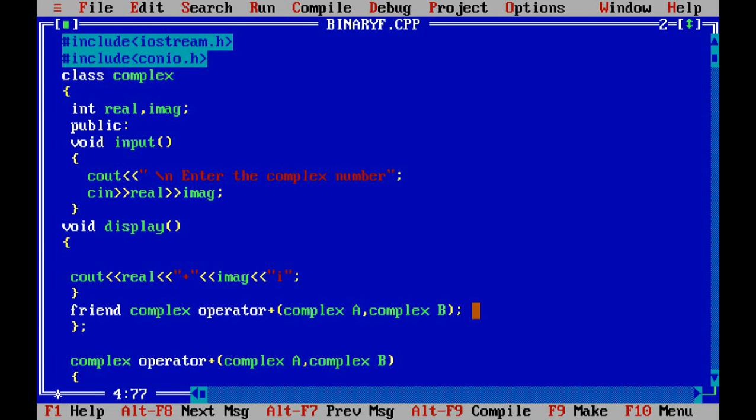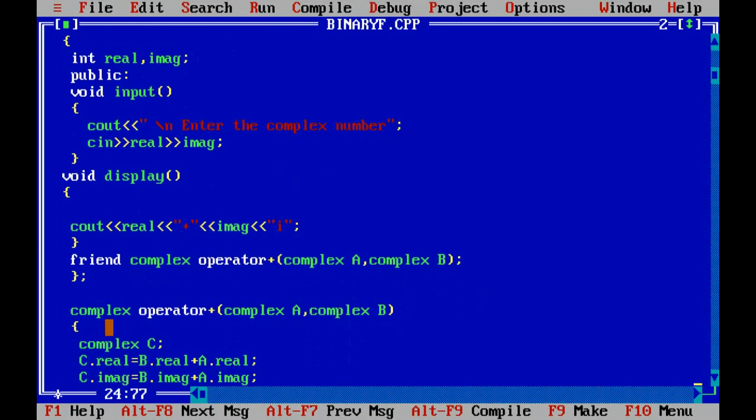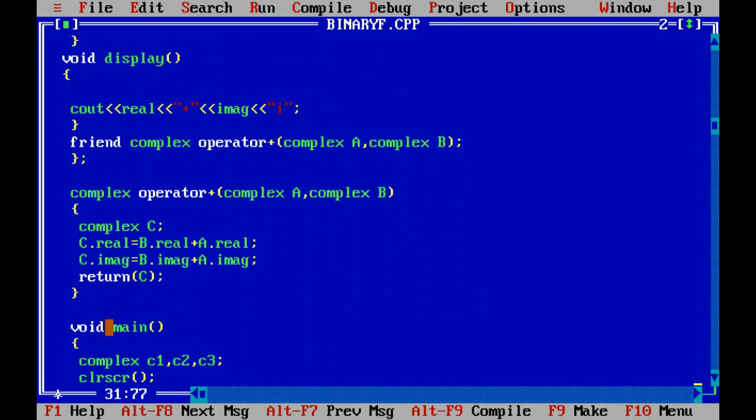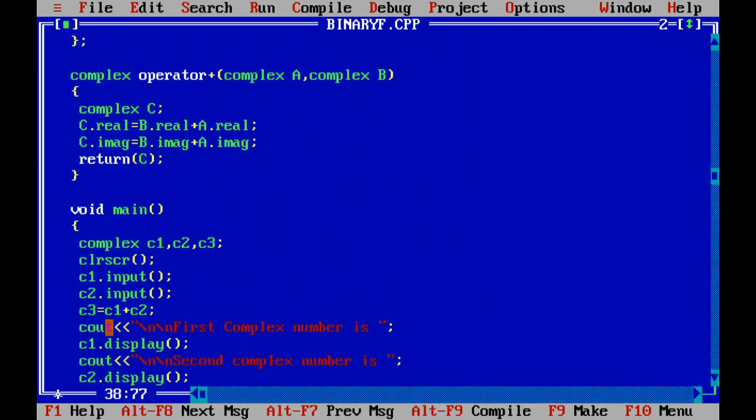The friend function is declared in the class, defined outside the class. Here we have closed this particular class, and then we move to complex operator plus, that is the definition of the function. And now let's execute this program.